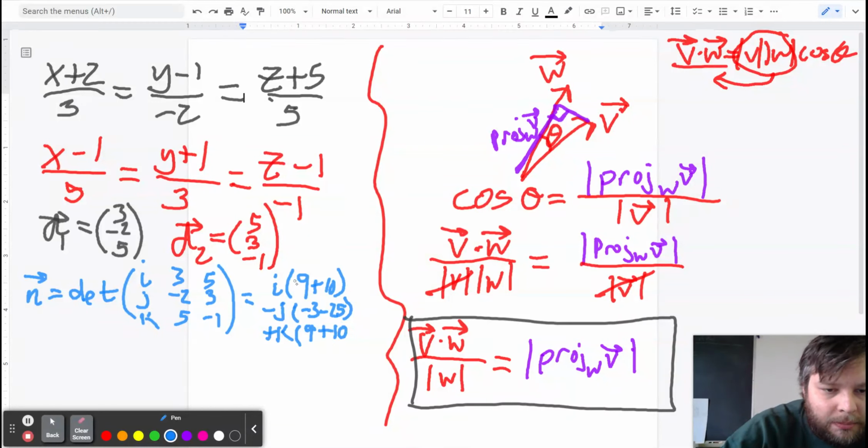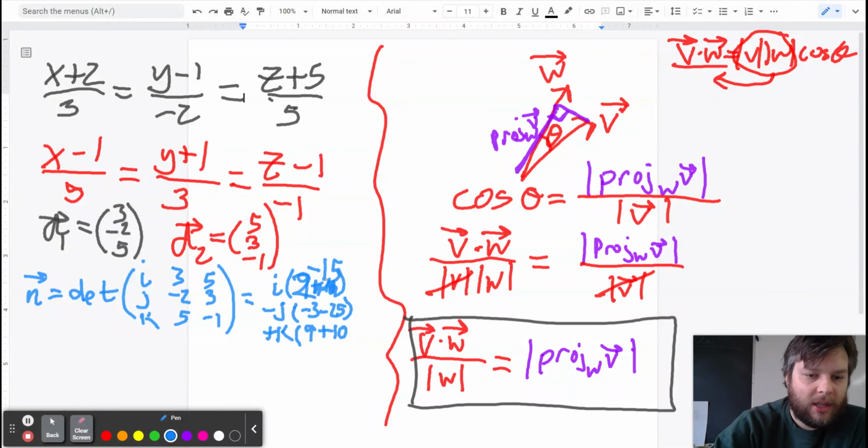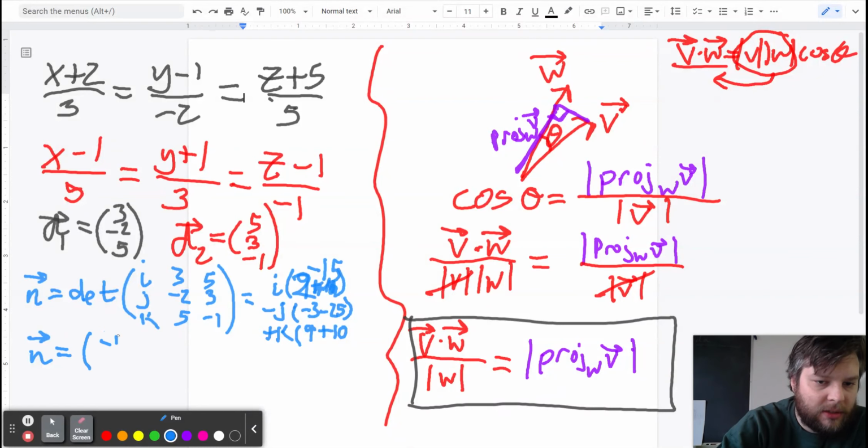My I component should be -2 times -1, so it should be 2 minus 15. Okay. It's dangerous to do determinants in the morning. Okay, so anyway, our normal vector comes out to be, let's see, 2 minus 15. -3 minus 25 is -28, but I've got a double negative, so I have positive 28. And then K is 9 plus 10, which is 19.